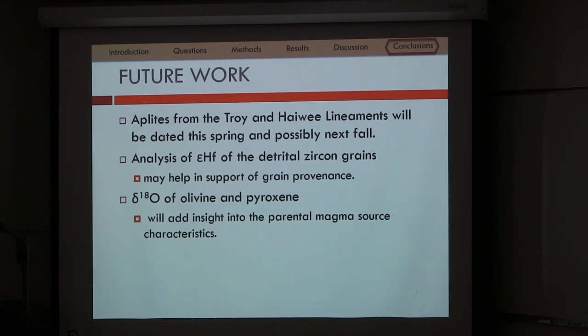So if we can show that those are Jurassic, that will support our idea of, firstly, these intrusions being bimodal, and secondly, that this is an Independence Dyke related event. And also epsilon hafnium will be analyzed for those zircon grains as well to help support the provenance. And delta 18O of olivine-pyroxene will be performed, and it will give us a little bit more information about that parent magma to these rocks that we've seen.